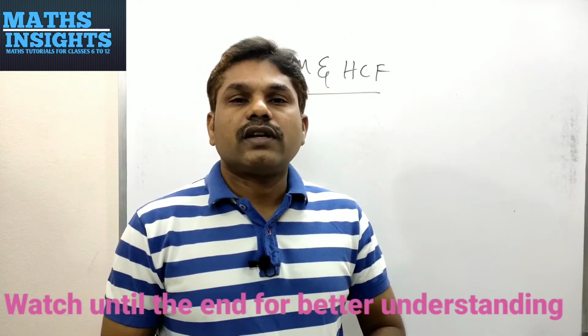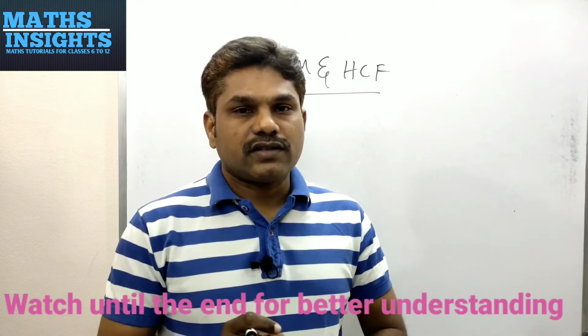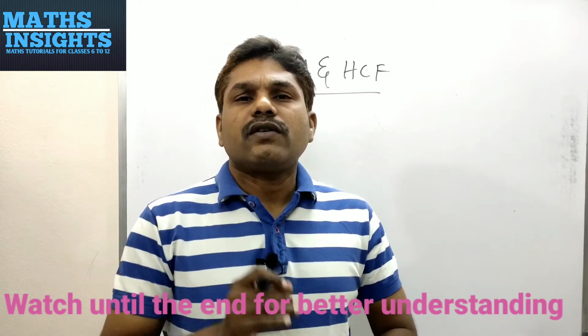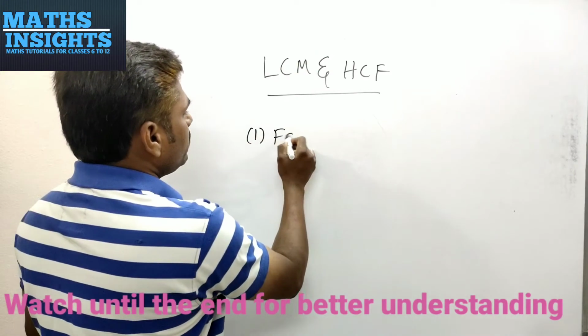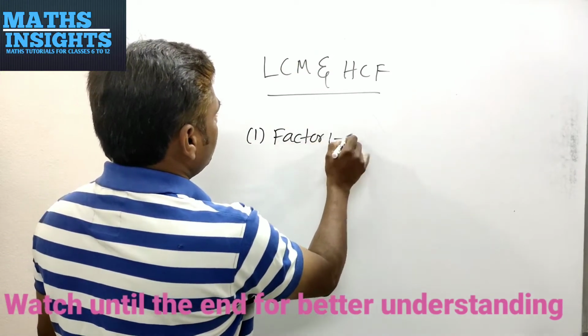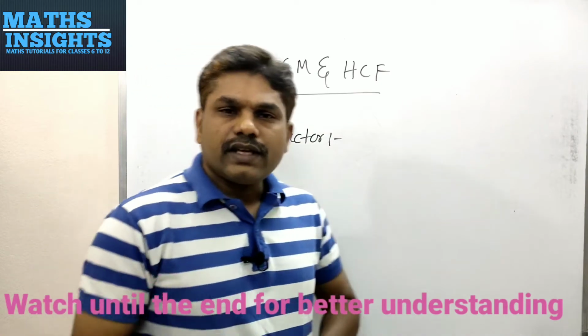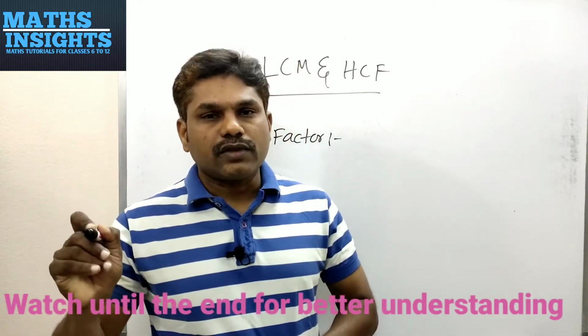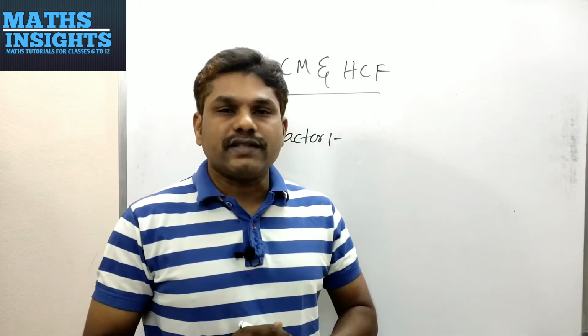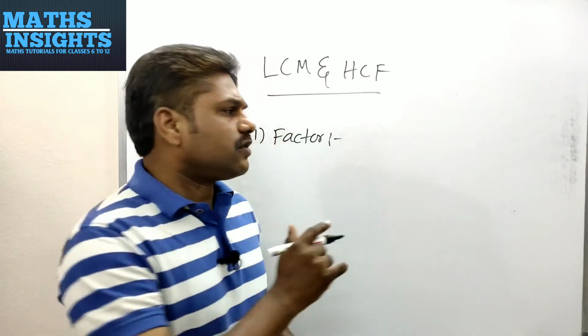Those are called multiples and factors. What is meant by factors first? I am taking the word factor. You may have heard this word. See, any number is said to be a factor of another number if it divides it exactly. I am taking the example 24.